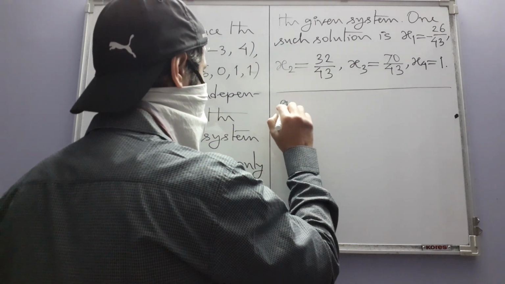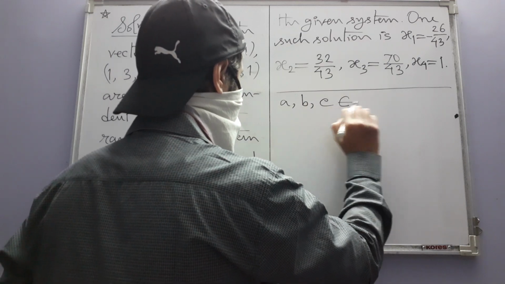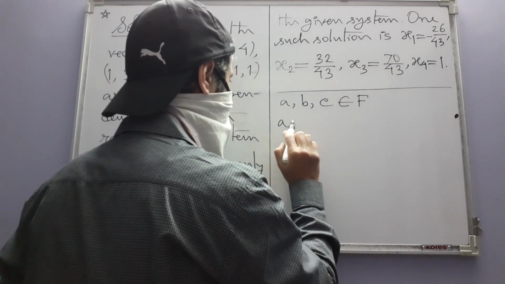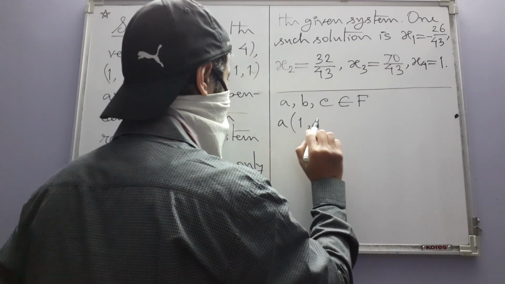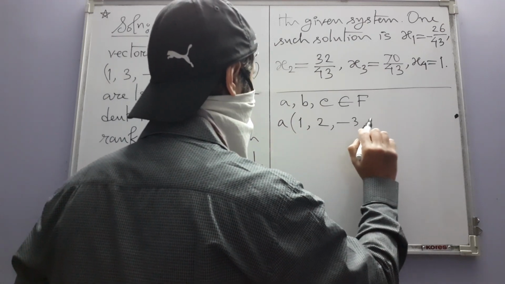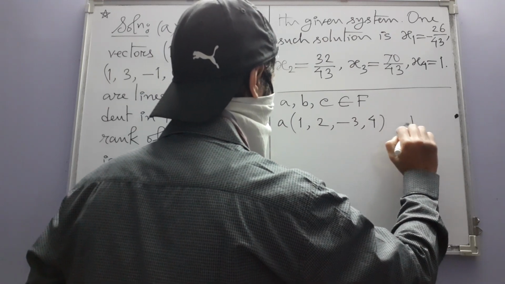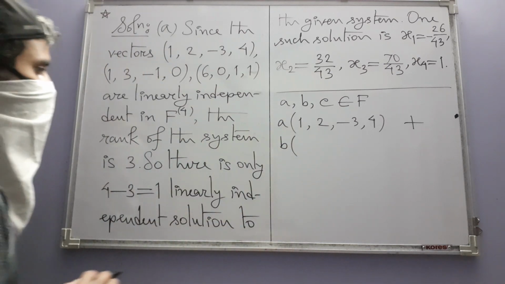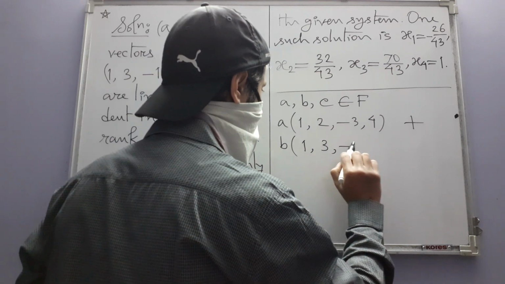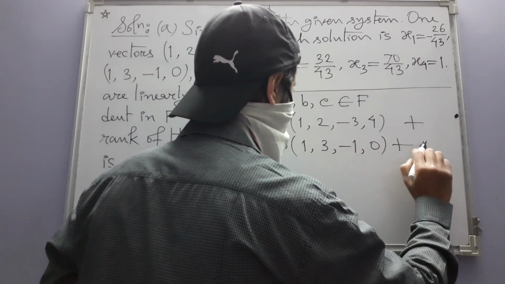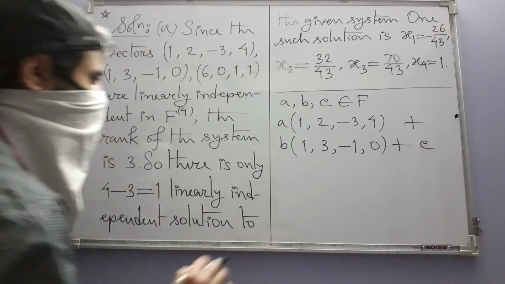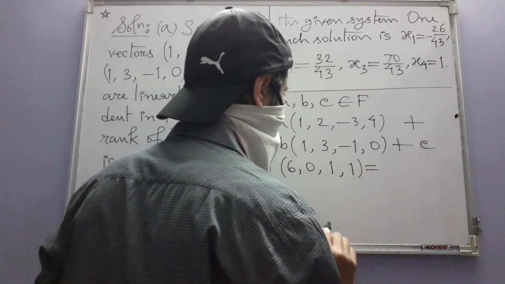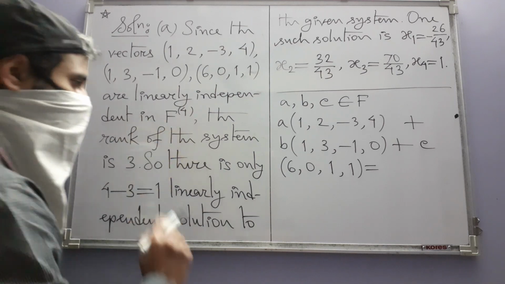So what you do, you consider three real numbers, say A, B and C, such that this linear combination, plus B times 1 3 minus 1 0, plus C times 6 0 1 1, is the zero vector in this vector space.